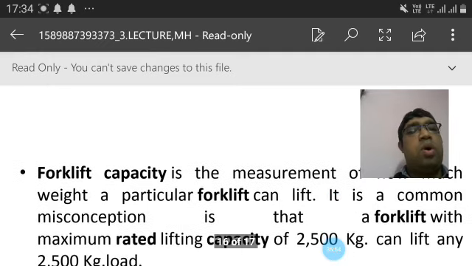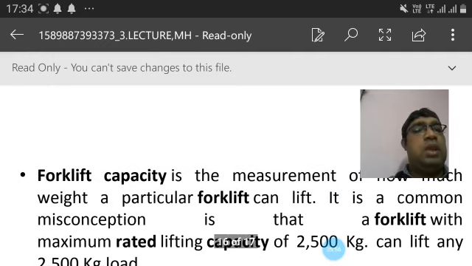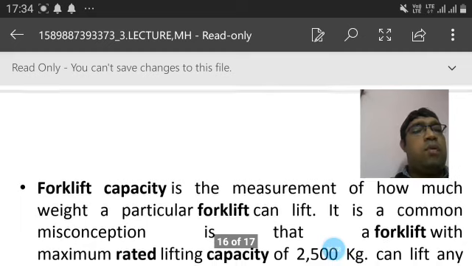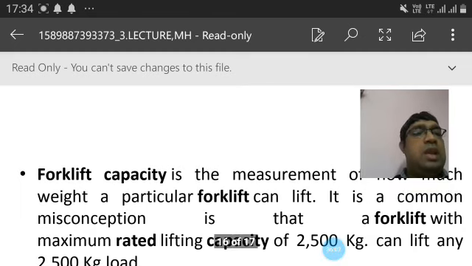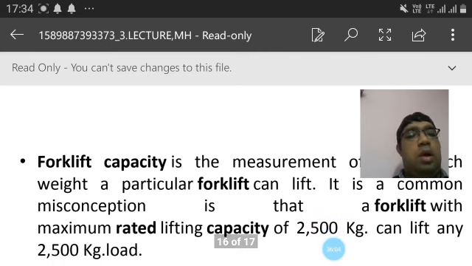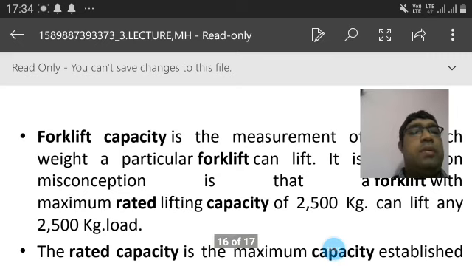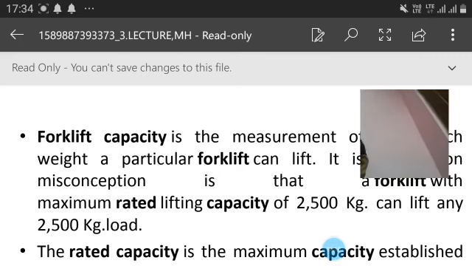And forklift capacity is the measurement of how much weight a particular forklift can lift. A common misconception is that a forklift with a maximum rated lifting capacity of 2500 kg can lift any 2500 kg load.